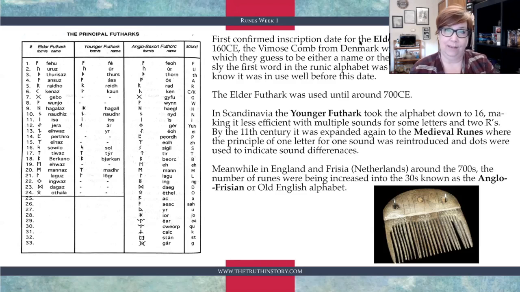This comb wasn't the first magical thing that had runes written on it. It was being used well before then. So we're talking about an extremely old system of writing. But this is the first one that we have, and this was from 160.